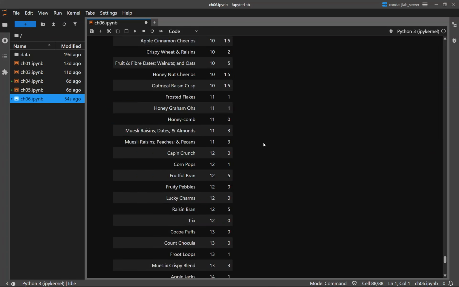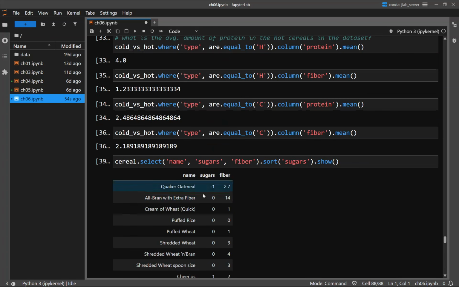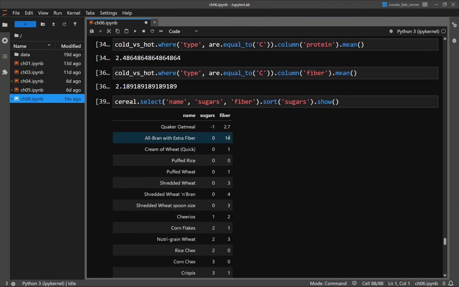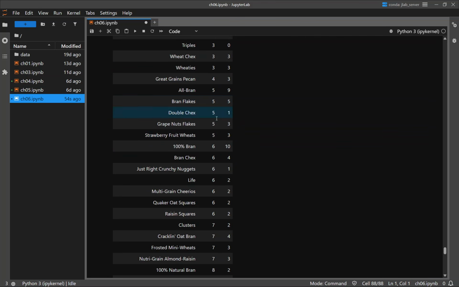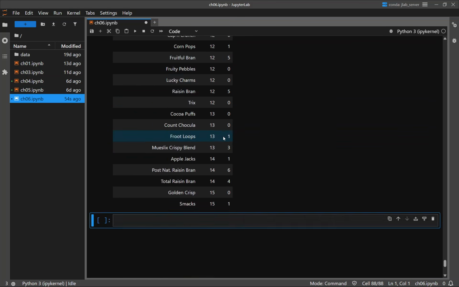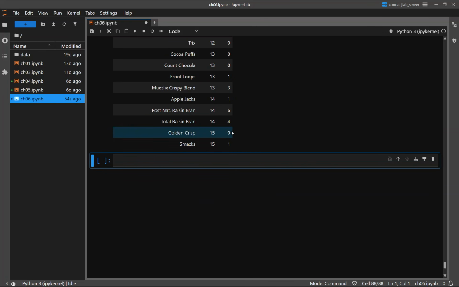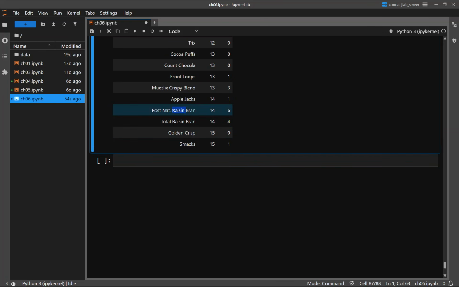Let's show everything. And so here's sugar going up. Sometimes, and then the question is, does fiber go down? So here's sugar going up. Does fiber go down on average? It's kind of bouncing all around all over the place. Like, apparently, whatever this raisin bran is, it has both a lot of sugar and a lot of fiber, which makes sense because of the raisins, right?